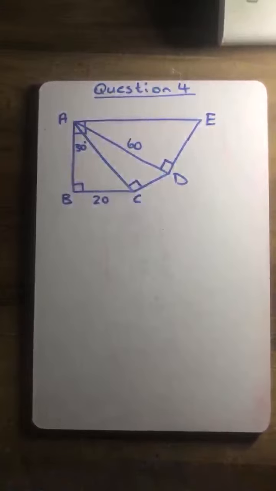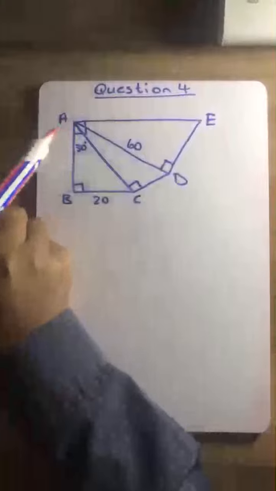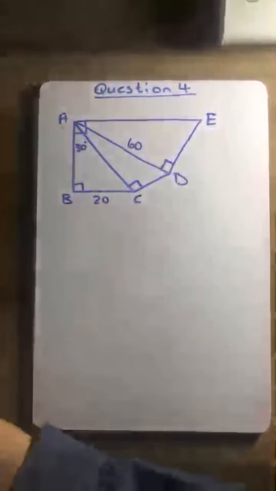In the diagram below, we are having A, B, C. There's A, B, C, okay.